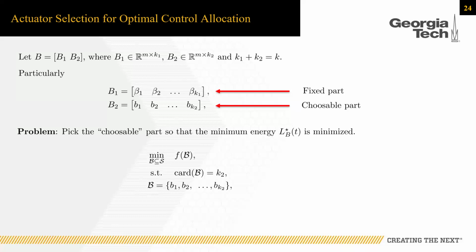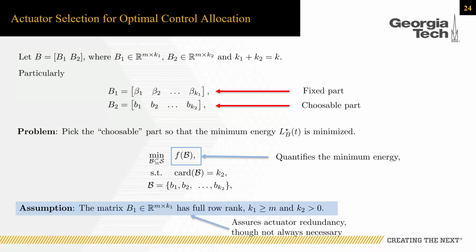I have to pick a K2, because I have K2 choosable parts, and then eventually put them into the system. Again, this F of B, before, remember, it was controllability. I wanted to maximize controllability. Now I want to minimize energy, okay? Again, there's just redundancy. Don't worry about that one.